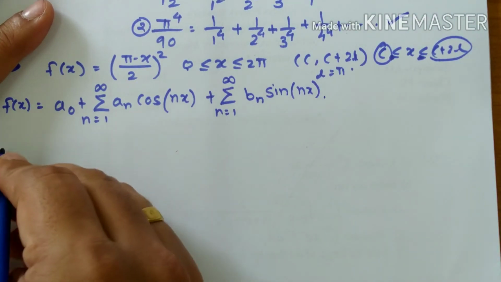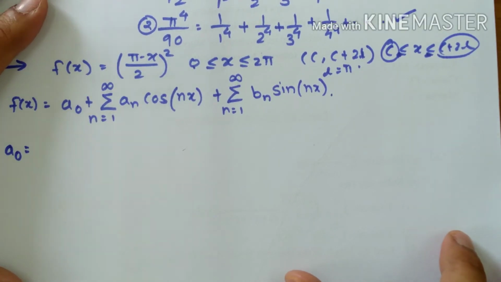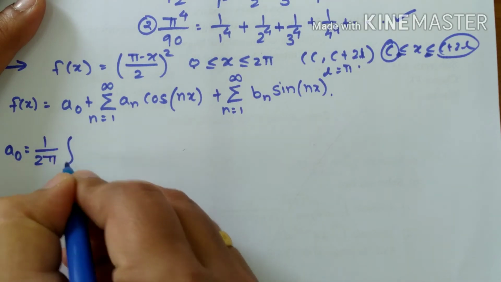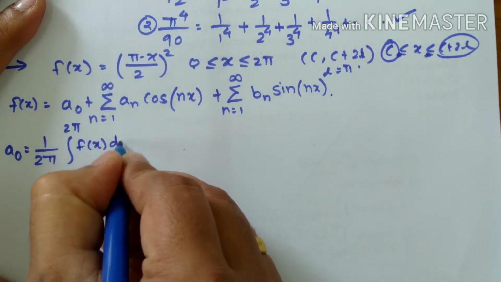Okay, now what is a naught? The formula for a naught is 1 upon 2L integration from c to c plus 2L. So instead of L, we are going to substitute pi, hence we get 1 upon 2 pi integration from 0 to 2 pi f of x dx.